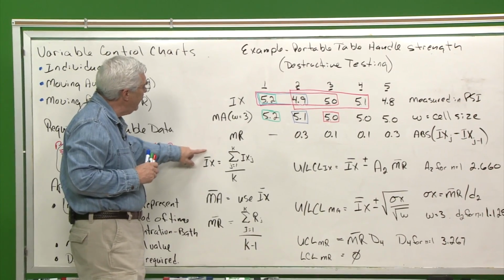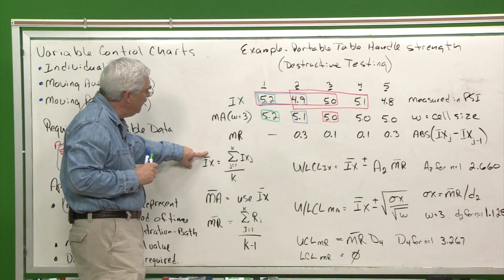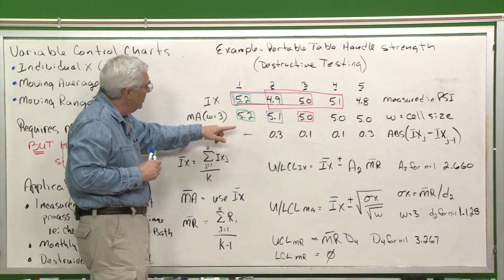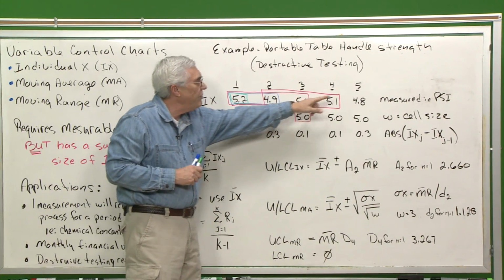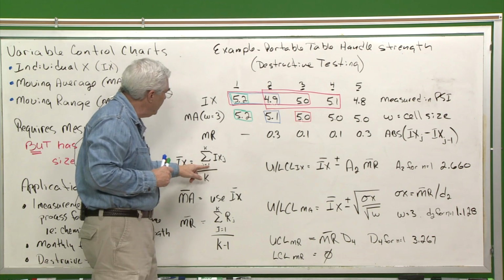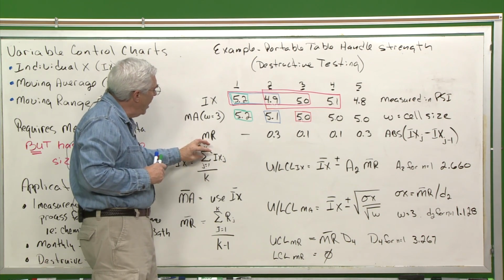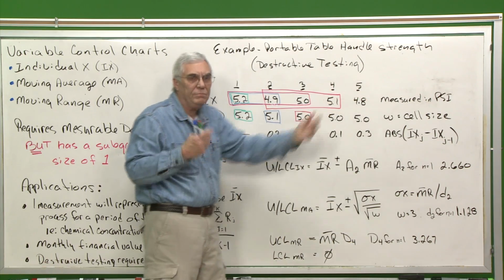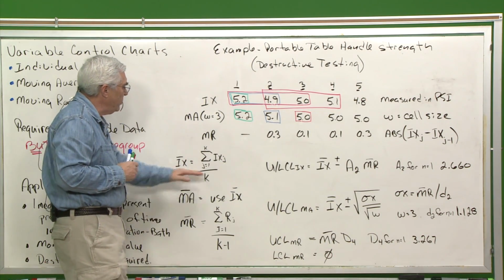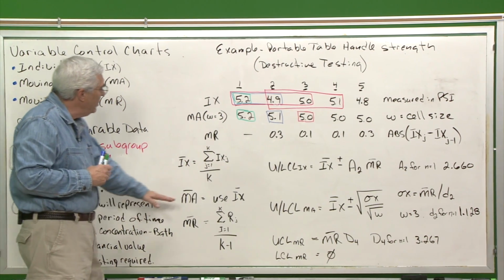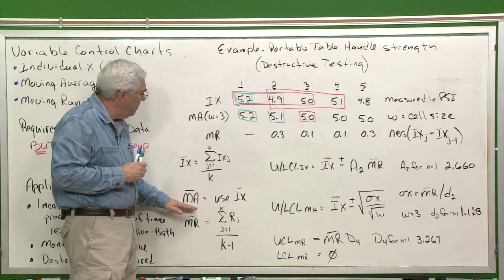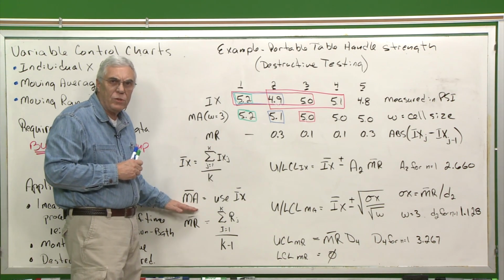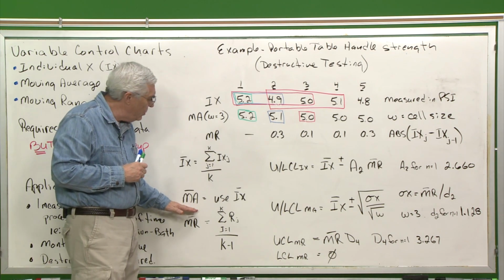We're simply saying that Ix bar, the individual x bar, is equal to the sum of all of the Ix values, 1 through 5 in this case, divided by k, which is the number of subgroups we have. You've seen that before, so that's pretty straightforward. The moving average, the Ma bar, is simply the same as the Ix bar. We're going to use this value for this one, so we really don't have a different calculation to do here.